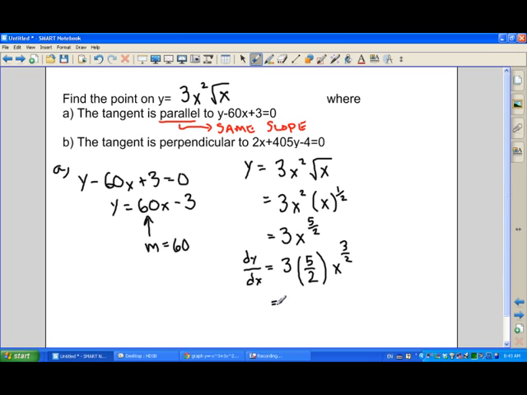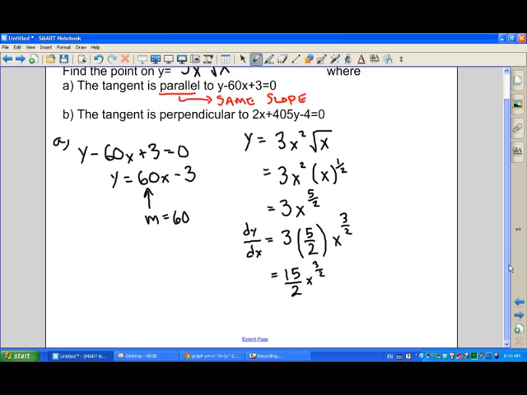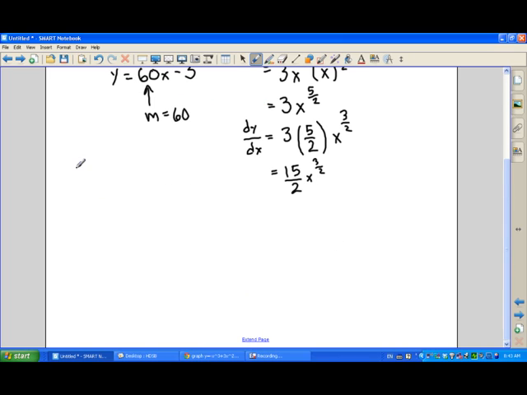Simplifying that, I have 15 over 2 times x to the 3/2. So this is the equation of my derivative. I'm trying to find when that derivative is equal to 60. So I'm trying to find when 60 is equal to 15/2 times x to the power of 3 over 2.